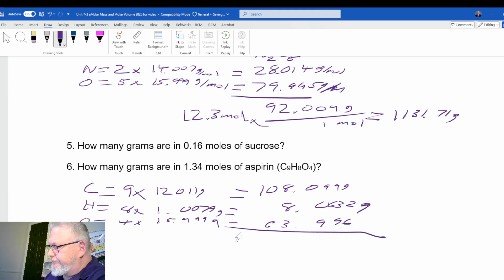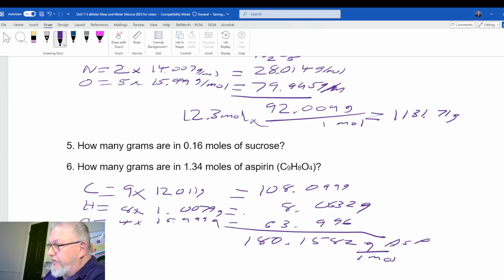Add all those up, and that'll give me the molar mass of aspirin. 108.099 plus 8.0632 plus 63.996. So the molar mass of aspirin is 180.158 grams of aspirin for every 1 mole.